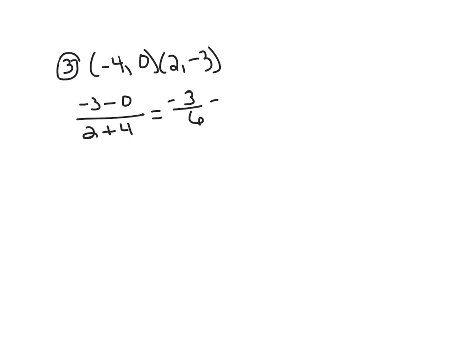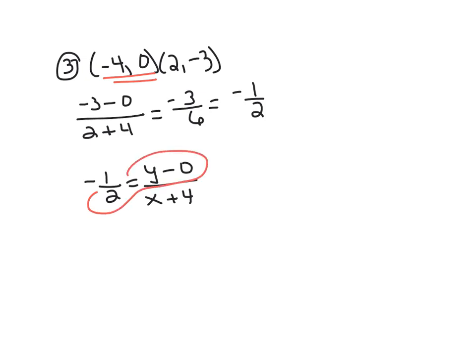Yes, as we've done before, always simplify. This time, I'm going to use the first ordered pair. I'm trying to switch back and forth. So negative 1/2 equals y minus 0 over x minus a negative, so plus 4.